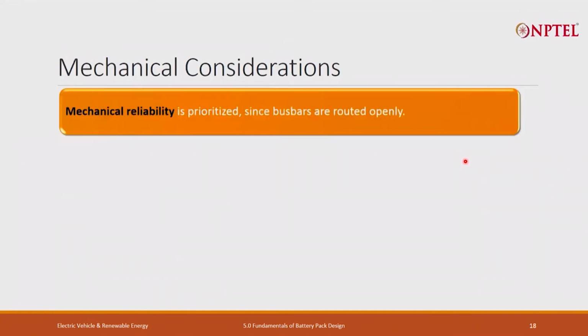What are the mechanical considerations we have to work out? Since mostly the bus bars are routed openly, you do not route them in some casing. You have insulation materials over it, but generally it is routed openly. So, when it is routed openly, you do not have too many points where you can fix it, you have very minimal points.